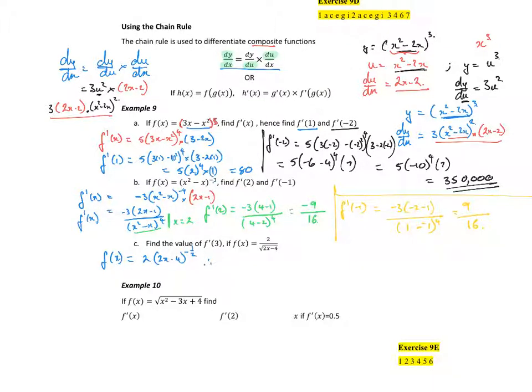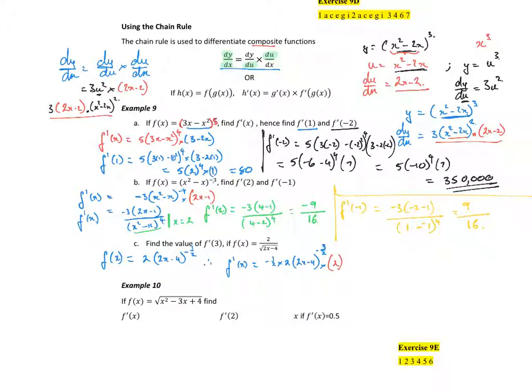Therefore, f dashed of x is equal to, negative half comes out the front, so I get negative a half times the 2 that is there in the bracket, 2x minus 4. I'm going to subtract 1 from the power, so negative a half minus 1 is negative 3 on 2, times the derivative of whatever is in the bracket, so the derivative of 2x minus 4 is simply 2.